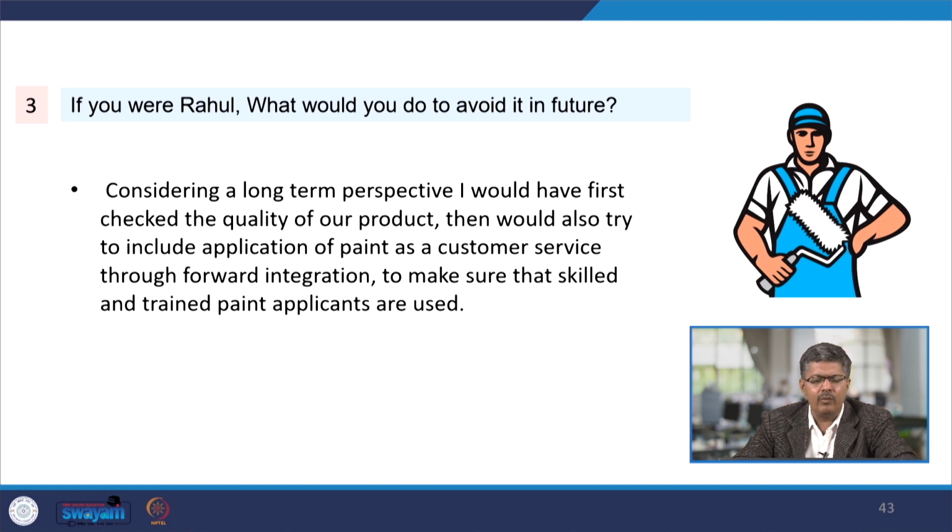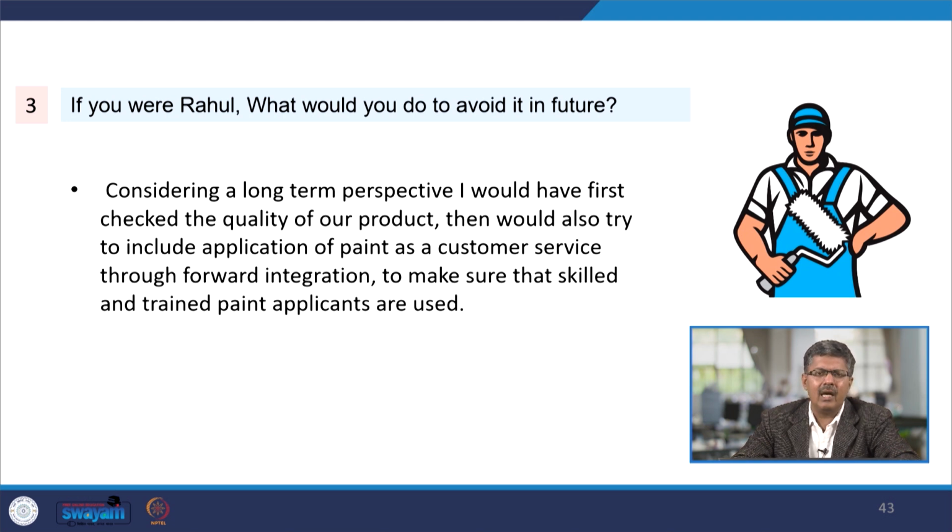If you were Rahul, what would you do to avoid in future? Now, considering a long term perspective, if I would have been there, I would have first checked the quality of our product and would also try to include application of paint as a customer service, right. So, expecting the client to do it, which does not happen or the client is not doing.